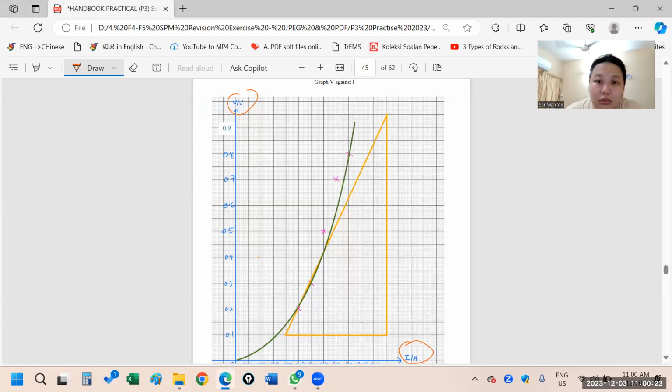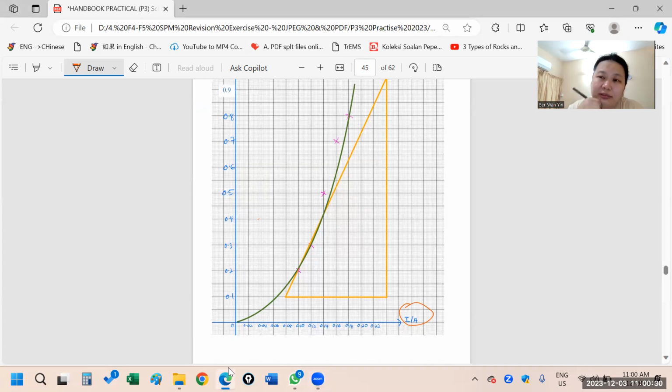Okay, now how to make a curved line? You can buy the curvy ruler, or actually I like to draw by using freehand. Okay, so when your paper is like this, you just make your hand have the momentum and inertia first. You just practice.